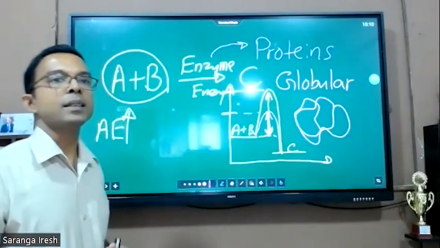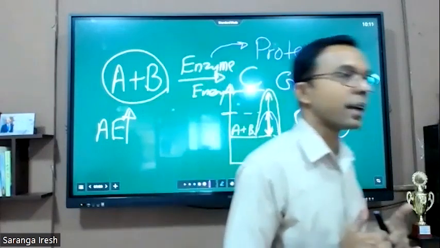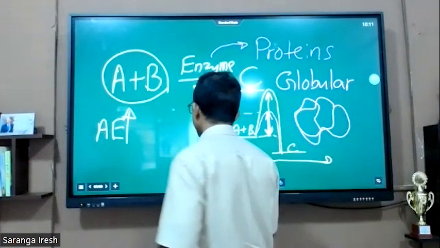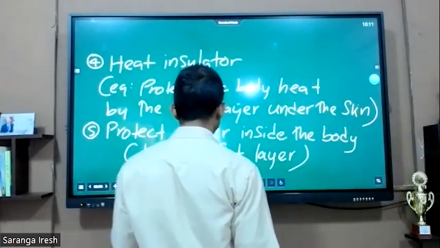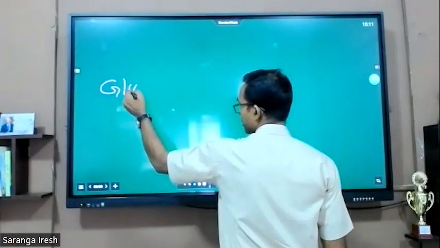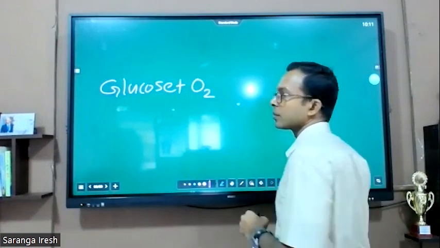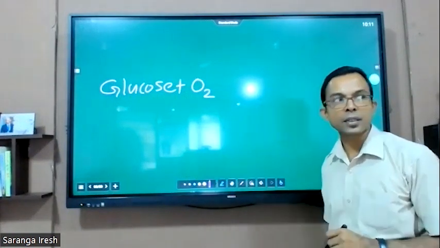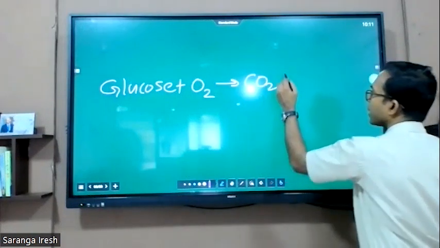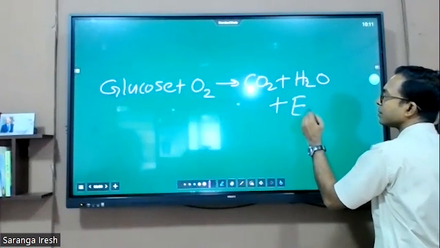In our digestive system as well as inside cells, enzymes play a very important role. For example, you know this reaction: glucose plus oxygen produce carbon dioxide plus water plus energy.